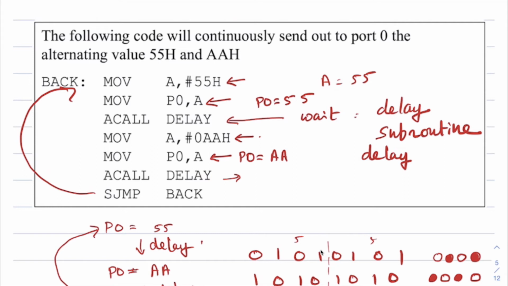Remember, if port 0 is pulled up, if P0 is pulled up, then by default it will act as an output port.